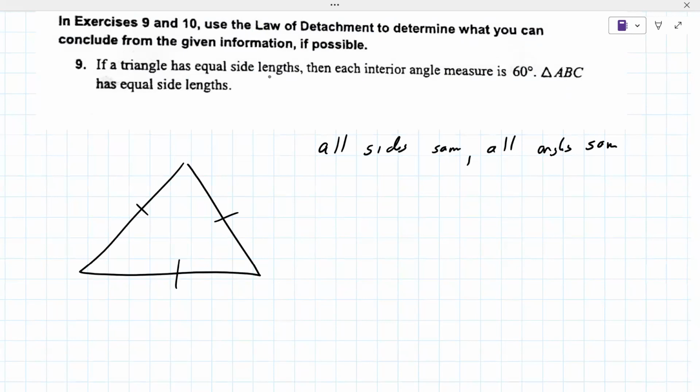And if all angles are the same, because they have to add up to 180, they are all 60 degrees. So the question is, can you conclude from the given information? Like, are you allowed to conclude that this is true? If this is true, then this is true.